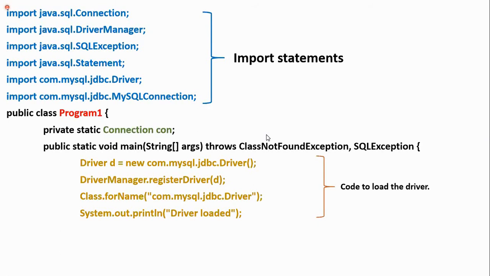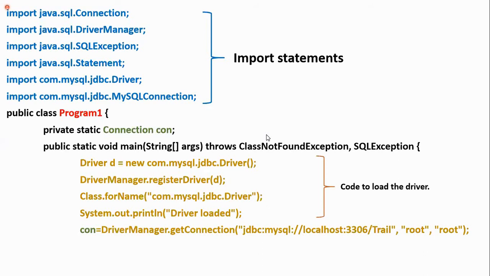Establishing the connection. How do I do it? I will tell DriverManager.getConnection, and I will tell jdbc:mysql://localhost:3306/ the name of the database, followed by the username and the password that I have given for the database. Once I tell this, it is going to give me one connection.